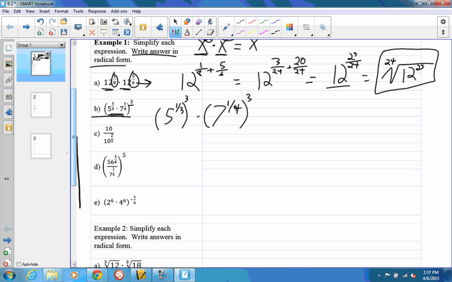So what do I do with these exponents? Multiply. If I have an exponent being raised to an exponent, I'm multiplying. So this becomes 5 to the 1/3 times 3, times 7 to the 1/4 times 3.